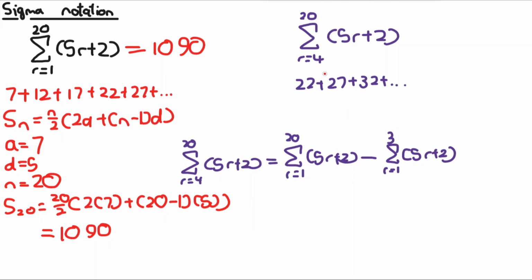And this makes sense if you think about it, because this here is this sigma here, so it's going to be this series, so it's going to be 7 plus 12 plus 17 plus 22 plus 27, and then so on and so forth.